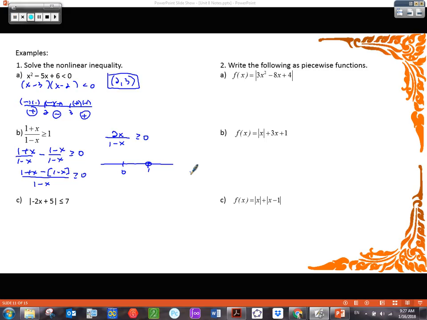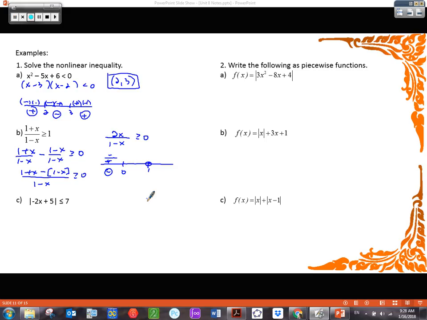Okay, so now let's work on our signs. So I pick a negative 1, so I would put a negative 1 in the numerator, it'd be negative. In the denominator, a negative 1, what would that do? 1 minus a minus would be a positive, wouldn't it? So that section is going to be negative.